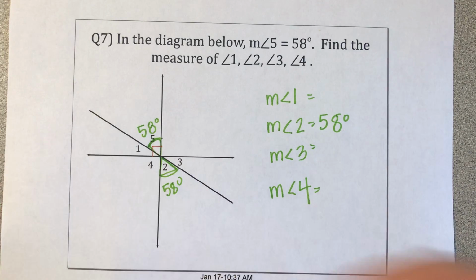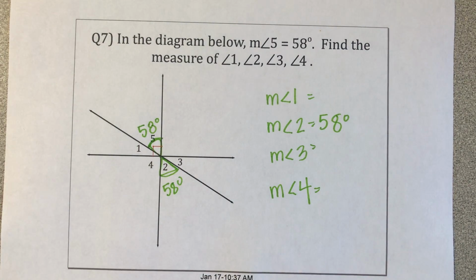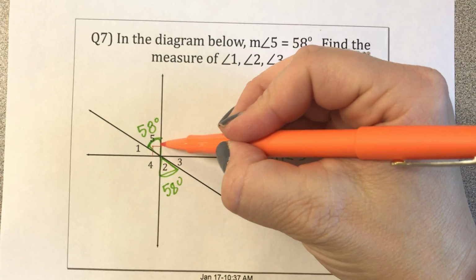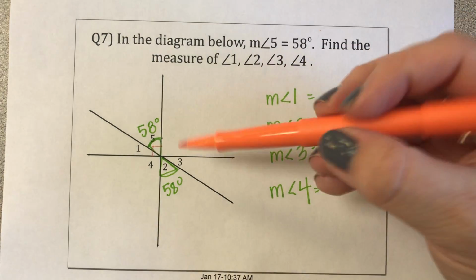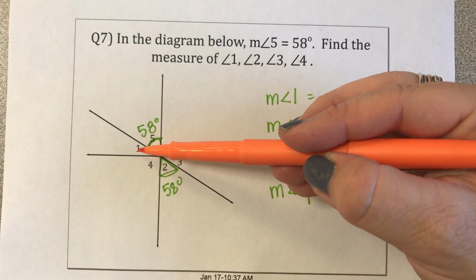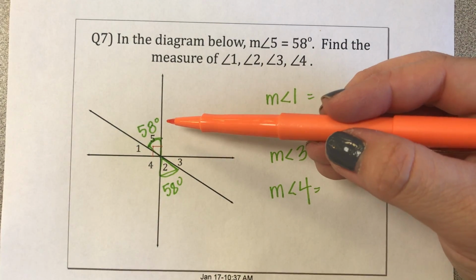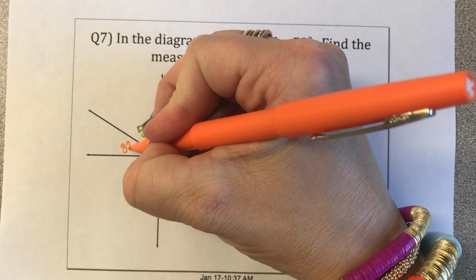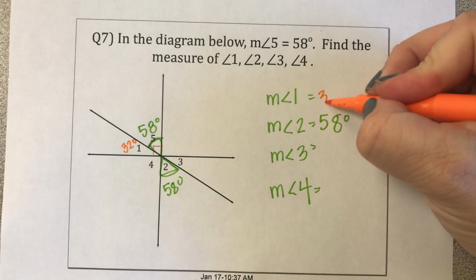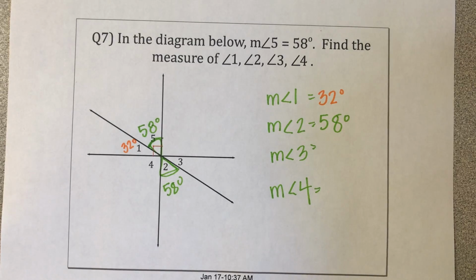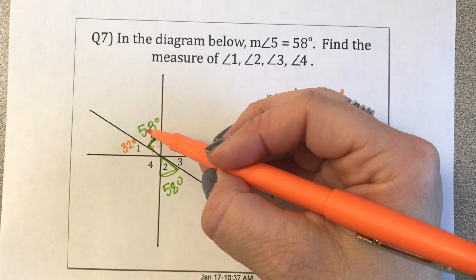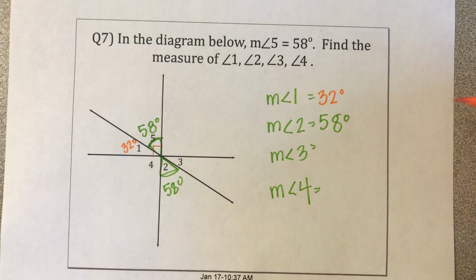This little box in the corner indicates a 90-degree angle. So 58 plus what would make that 90? 32 degrees. So angle 1 has to be 32, because 32 and 58 make 90.